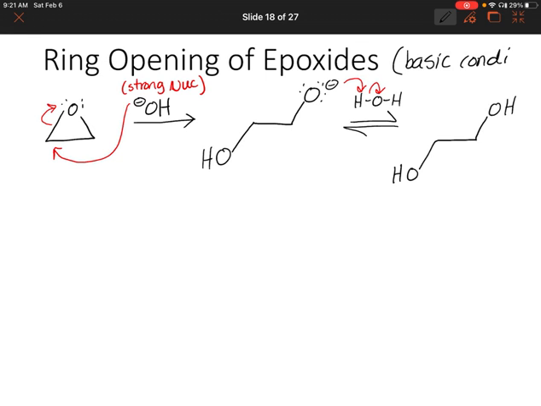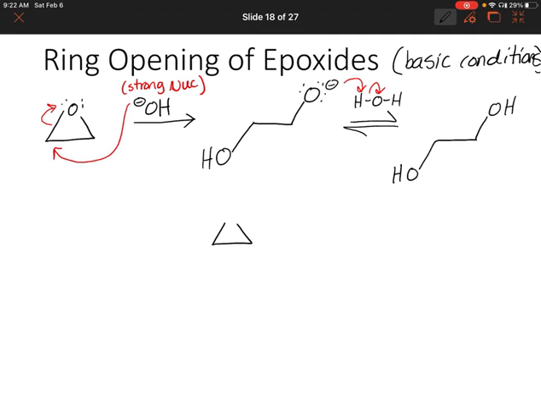So we don't have any acid really present. Water is neutral, and we have our strong nucleophile there. So this would be our mechanism for basic conditions. So you can do this with really any strong nucleophile.